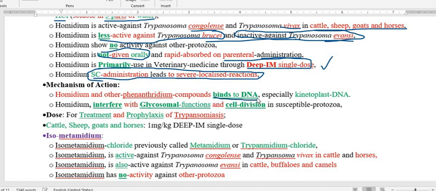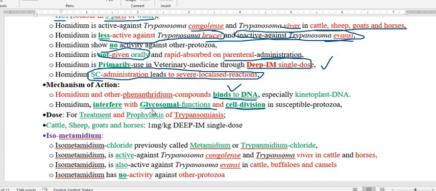Regarding its mechanism of action, similar to the previous group, it binds with the DNA, and thereby interferes with DNA synthesis. It also affects the energy system, that is the glycosomal function, the glycolysis pathway. In addition, it influences the cell division of the susceptible protozoa.